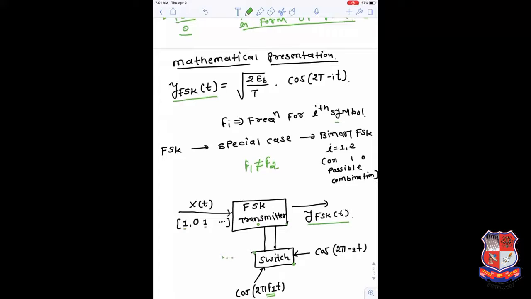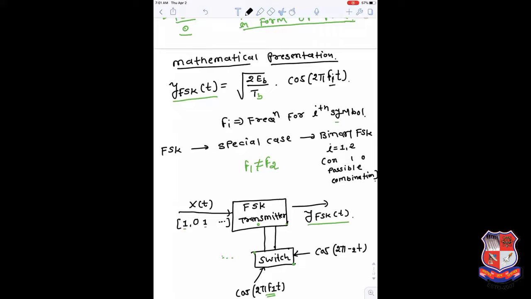This is the mathematical representation of the FSK signal. So the FSK signal can be defined as square root of 2Eb by Tb multiplied with cos 2 pi Fi t.